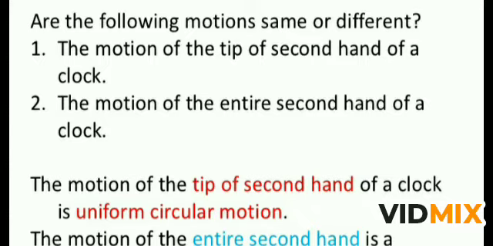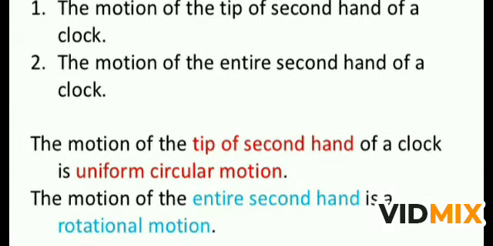The motion of the tip of the second hand is a uniform circular motion, and the motion of the entire second hand is a rotational motion.